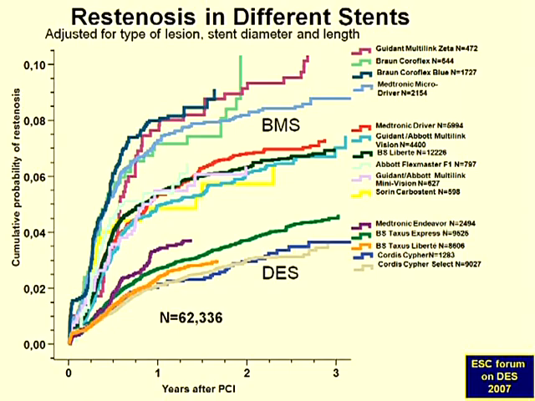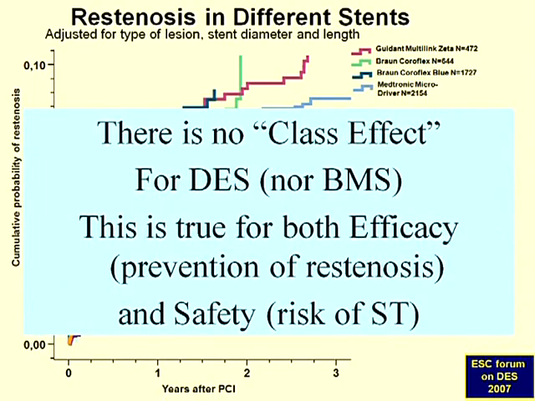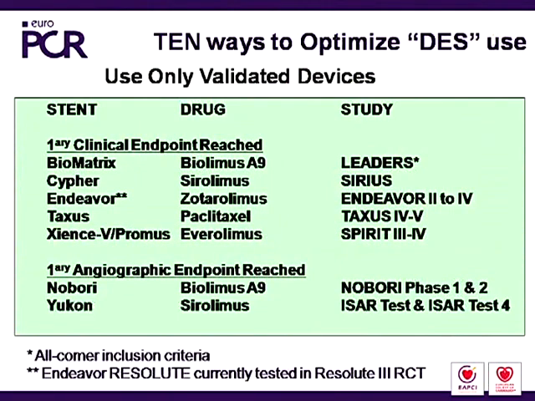Not all DES are equal. Not all bare metal stents are equal. This slide shows it for efficacy. It is also true, most likely, for safety. So these are, according to the guidelines, the validated drug-eluting stents that are available, at least in Europe, with CE mark. And there is even a difference between the two.